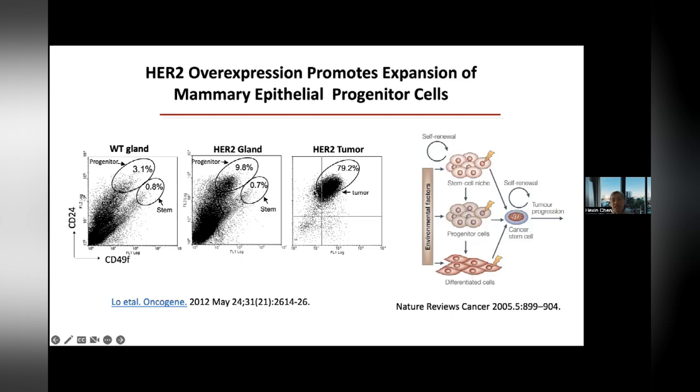Now we are seeing here that it's just a progenitor cell population that is expanded. So the question we're going to ask is whether HER2 is overexpressed in the stem cell and promotes stem cell proliferation, and then somehow the division gets screwed up and we get expansion of stem cells. Or is HER2 overexpressed in differentiated cells, and then it triggers the cells to regain stem cell-like properties?